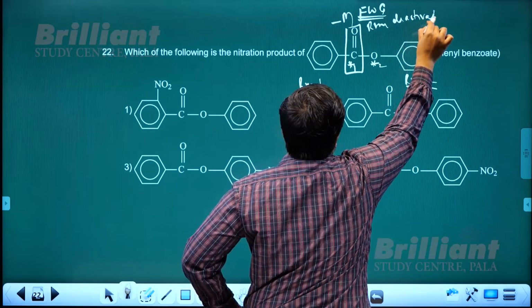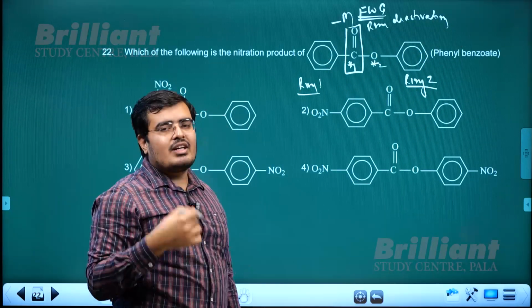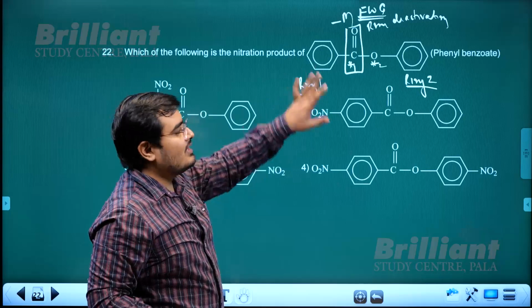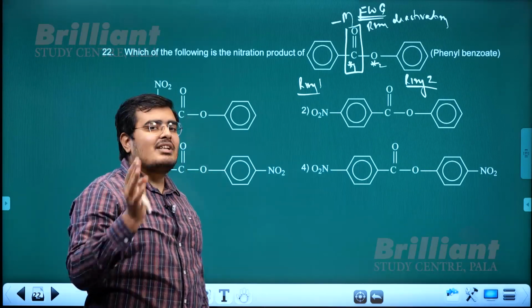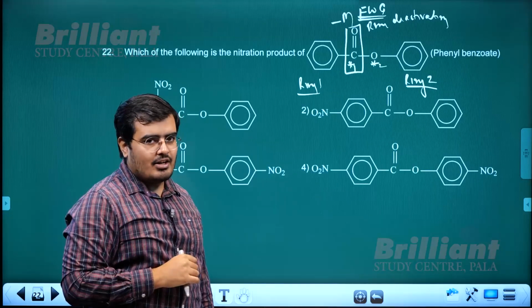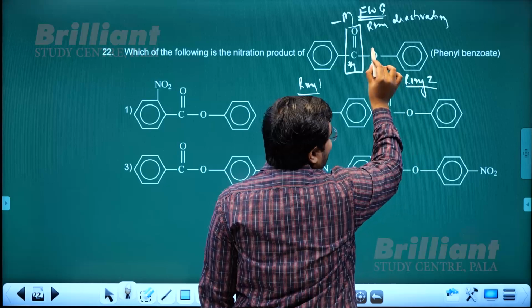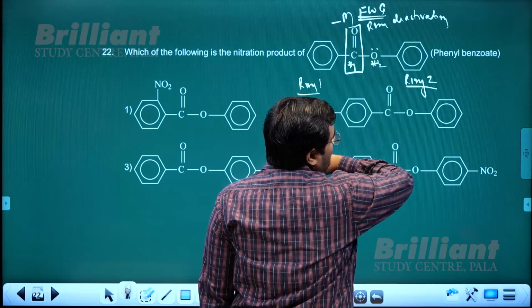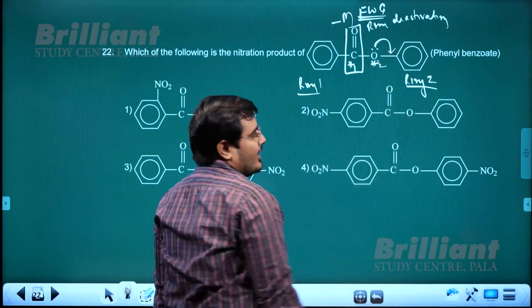Or you can say, since ring 1 is attached to an electron withdrawing group or ring deactivating group, this ring will have less electron density and will be less reactive towards electrophilic aromatic substitution. Whereas if you look at the atom which is directly attached to ring 2, you will observe that it is a heteroatom which contains a lone pair of electrons.